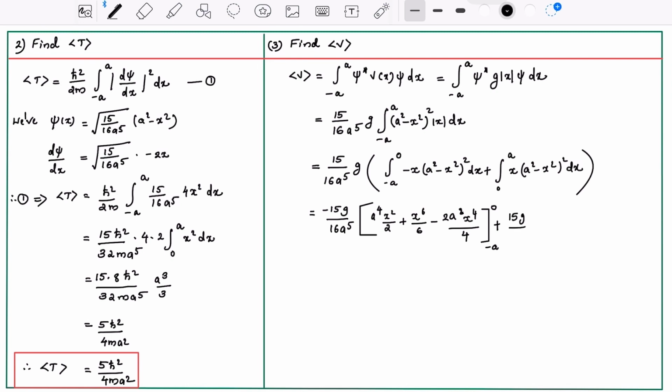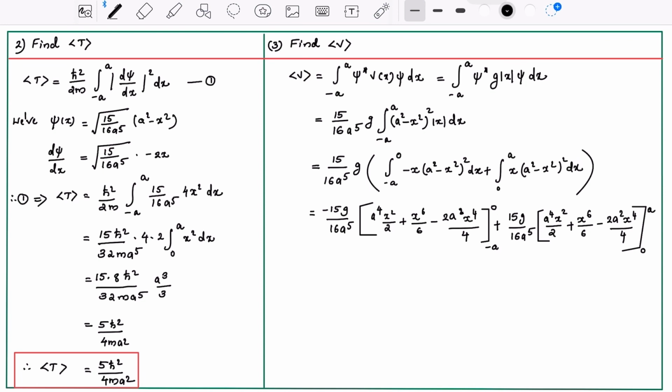The second term is 15 g by 16 a raised to 5 times a raised to 4 x² by 2 plus x raised to 6 by 6 minus 2a² x raised to 4 by 4. Now apply the limit from 0 to a.